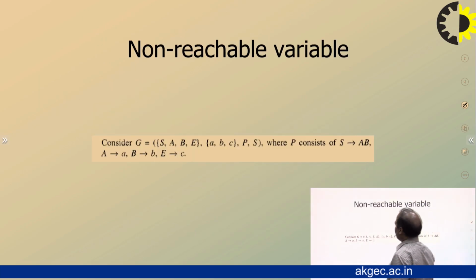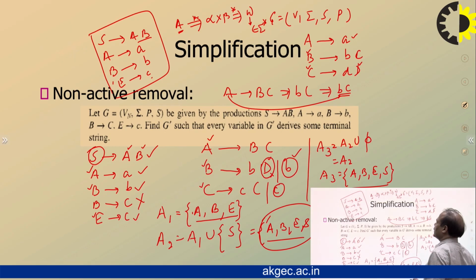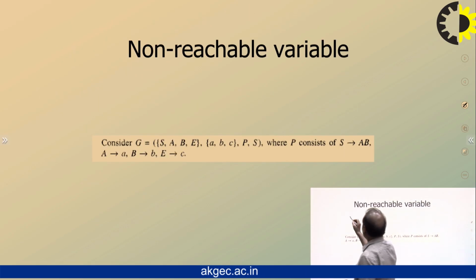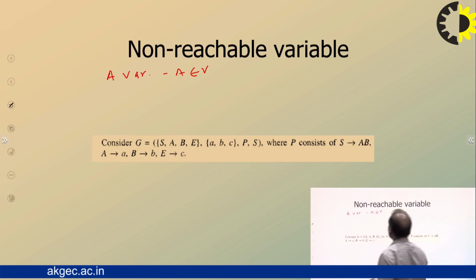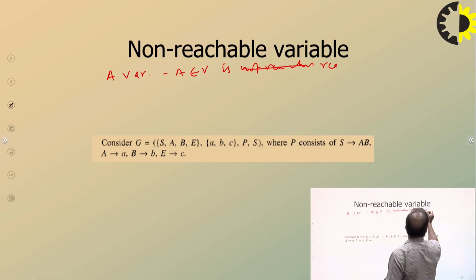Similarly, the second discussion is non-reachable variables, any variable which cannot be reached by the starting symbol, right? So see, if any variable, let's say A belonging to capital V, is not reachable, it is non-reachable. Let's define when it is reachable.